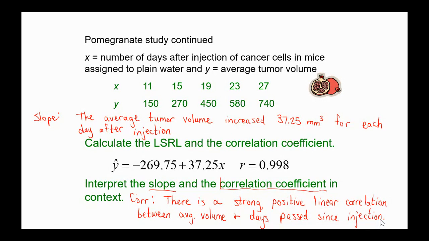It wants to talk about the Y-intercept, which is the next question on the top of page 9. Does the Y-intercept have any meaning? So which one of these numbers up here is our Y-intercept? Negative 269. Does this number have any meaning? Yes. Okay, what's the meaning in the context of this problem?